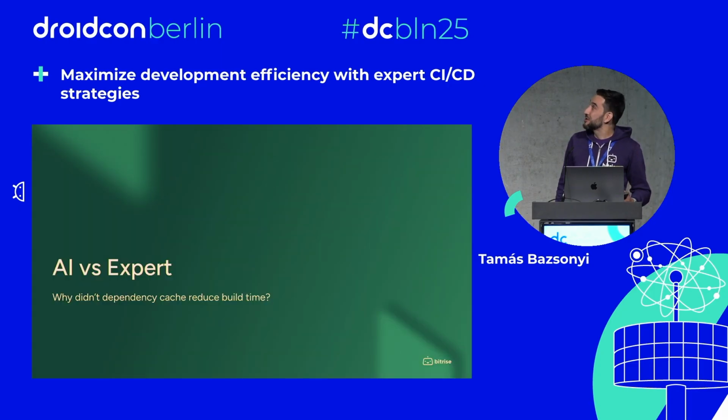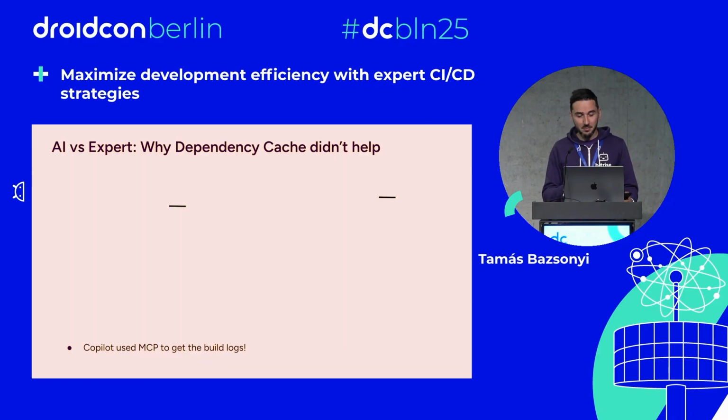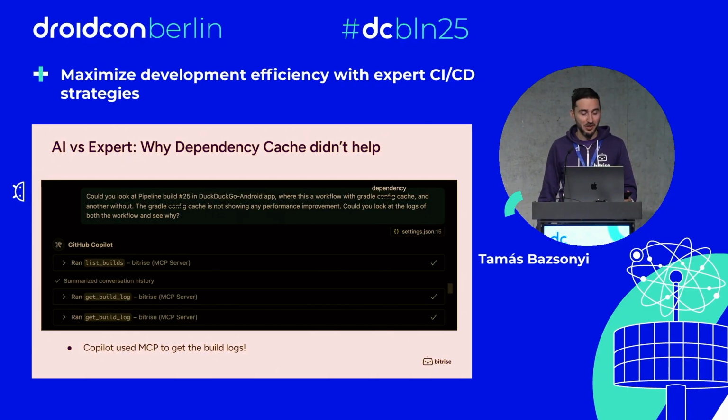And let's jump back to an AI versus expert kind of topic. Let's just ask AI what happened there. So we are basically asking AI to look at the specific build and try to figure out what was causing that longer execution with the dependency cache enabled.